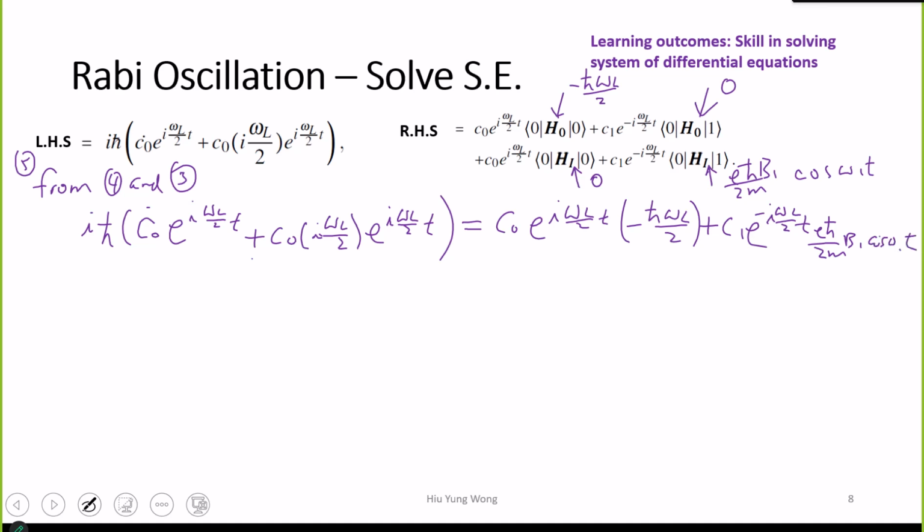Sorry, this is difficult to see. Let me just start a new line. e to the power ħ B1 divided by 2m cosine ω1t. Right, let me check my cheat sheet.